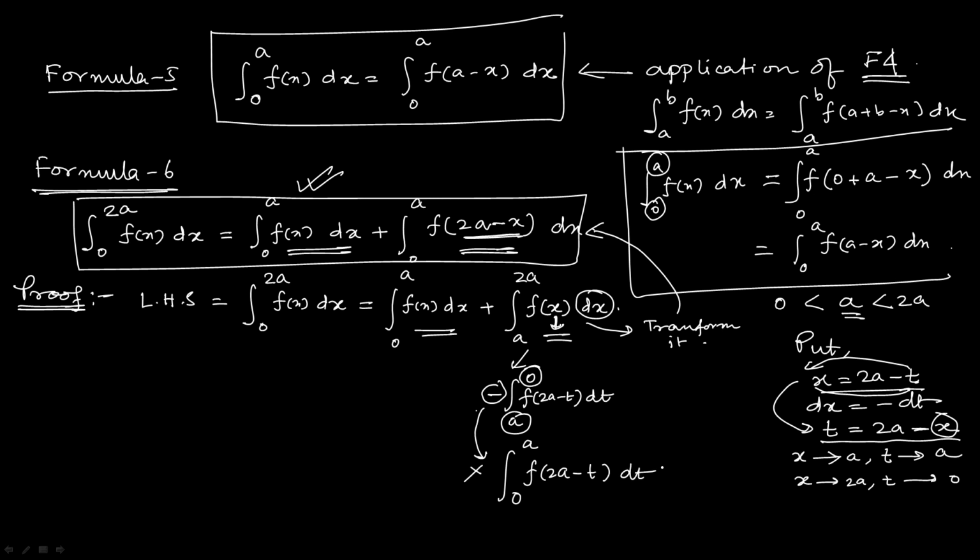Now as per the first formula, this t and this dt I am changing into x. So 0 to a f(2a minus x) dx. So finally I have got this. Now my left hand side is becoming 0 to 2a f(x) dx. This one is unchanged.